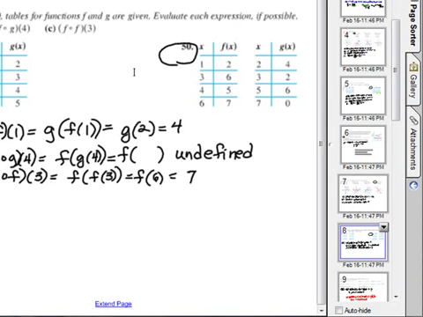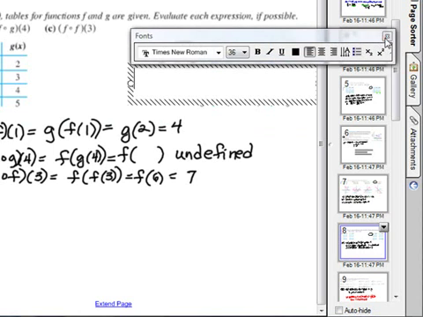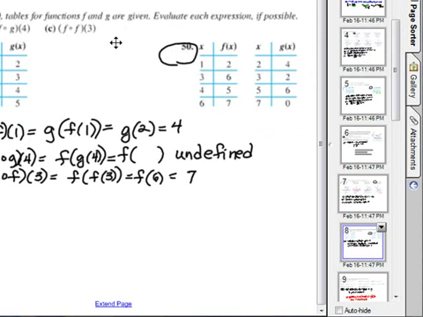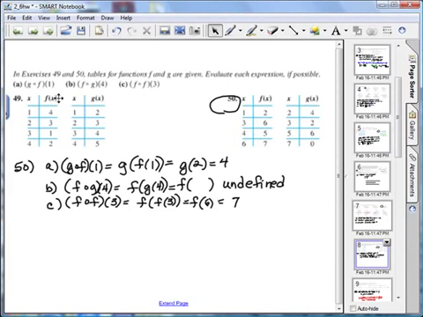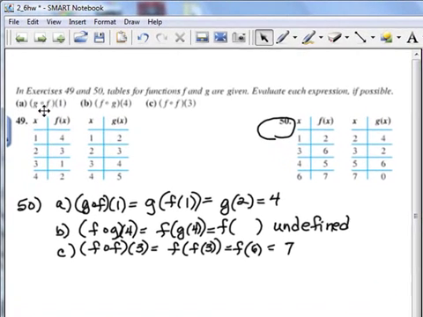Now doing the same thing except for tables. To do tables here, we're going to do the same exact thing. To do g of f of 1, we will do g of f of 1.